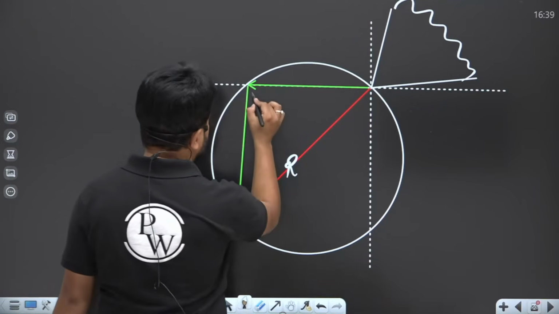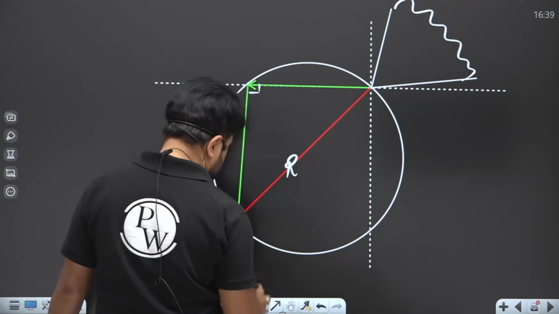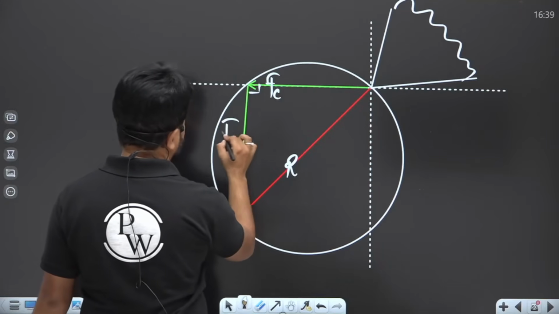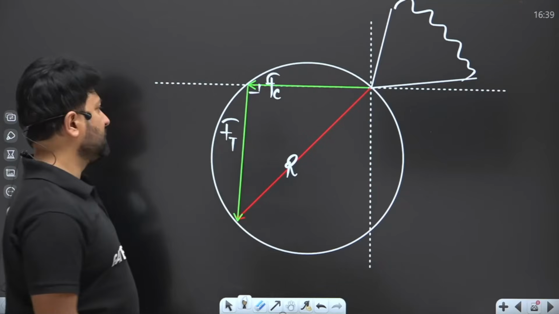They are mutually perpendicular. So this is Fc and this is Ft.